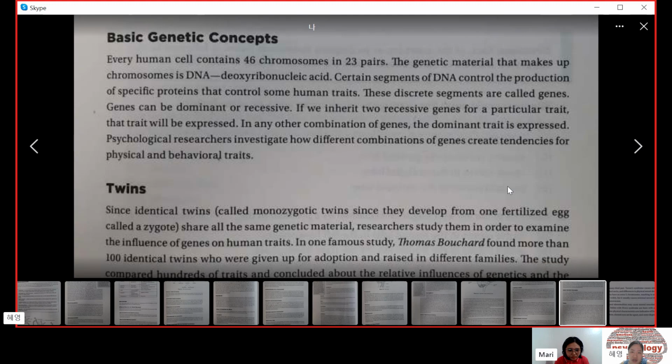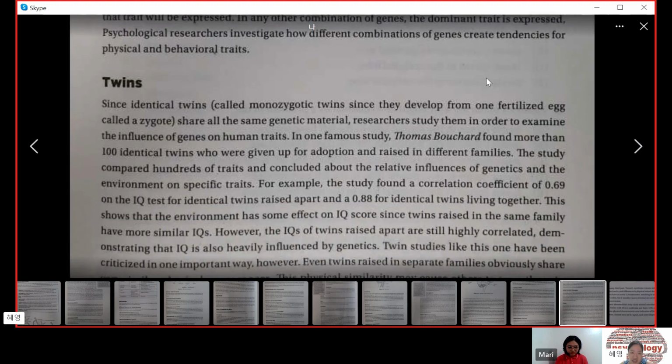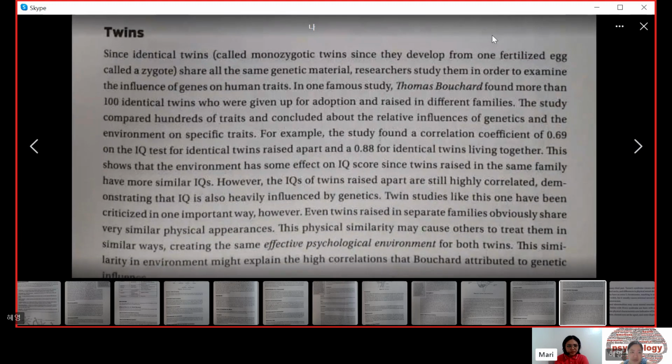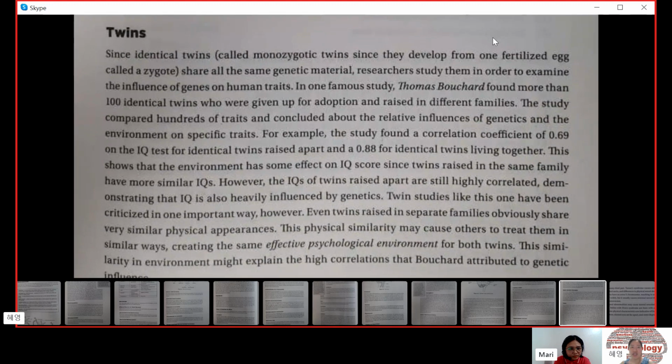And now let's look at the twin case study. Since identical twins share all the same genetic material, researchers study them in order to examine the influence of genes on human traits.